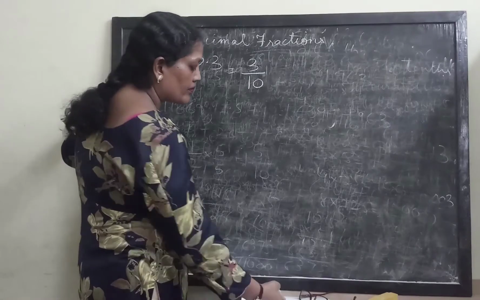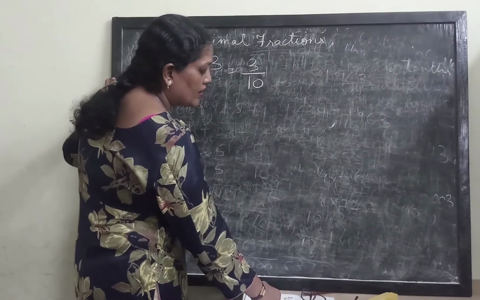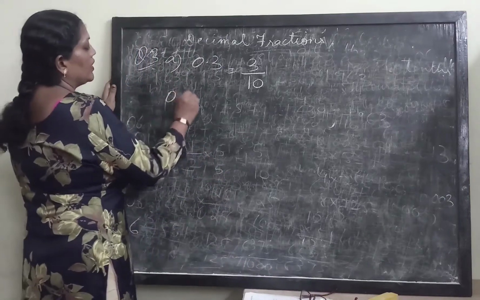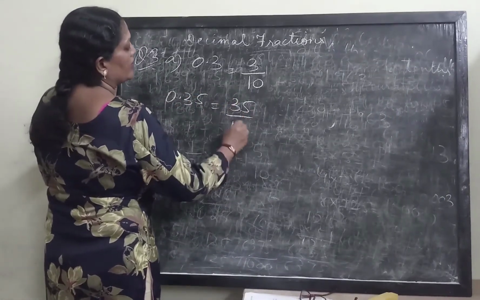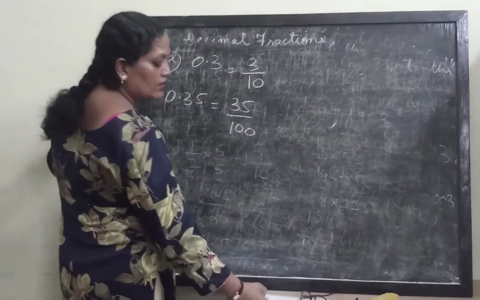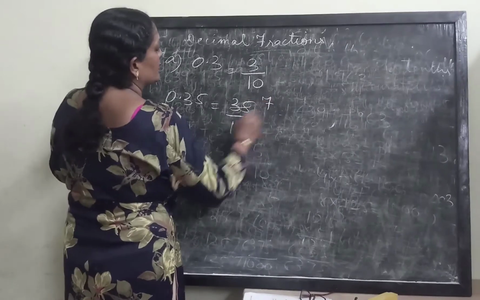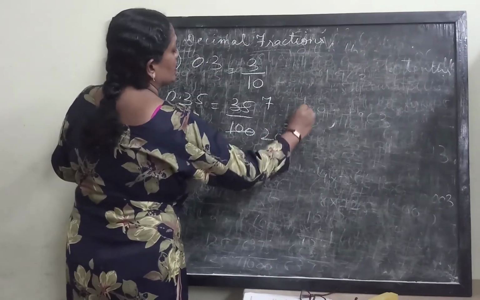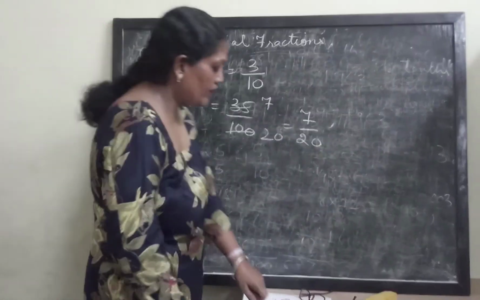There can be no cancellation. Similarly 0.35. How many digits are there? 2. 35/100. This is a common fractional part, means you have to cut it. 5 7s are 35, 5 20s are 100, 7/20. Got it, all of you?